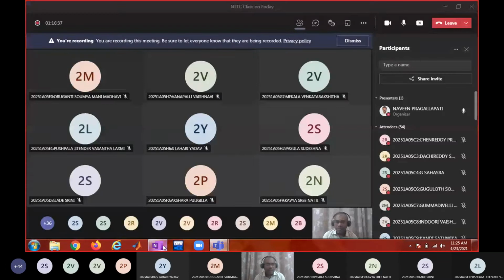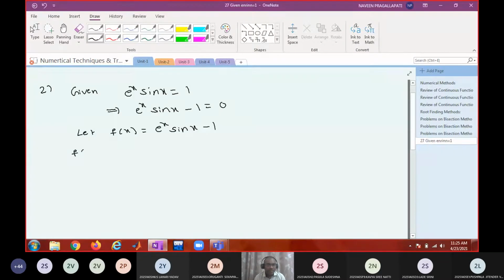So then what is f of 0? F of 0 is minus 1, negative. And what is f of 1? e into sin 1 minus 1. What is this value in decimals?